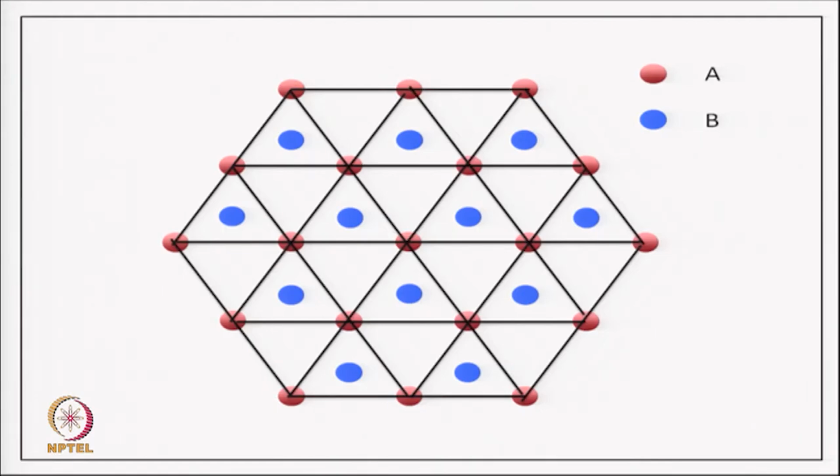Another option is still open to us, that is to put the third layer not exactly above A, but on these sites which have not yet been used. So, those are the C sites. The centroid of a triangle which is pointing down defines the location of the C site, and if I put my third layer on these sites, then that is the C layer.